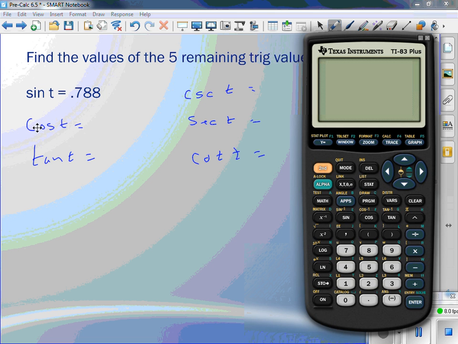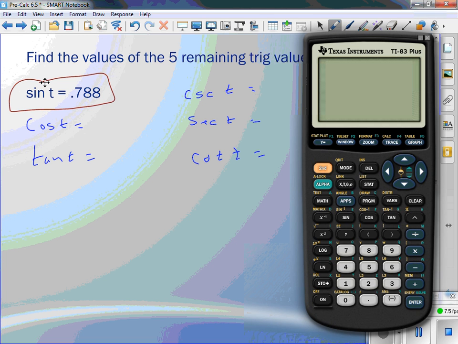How can I find out what t is from here? Can't divide sine. It's sine of t. It's not sine times t. That's the actual ratio.